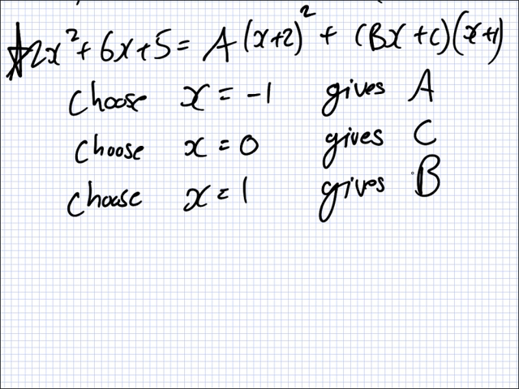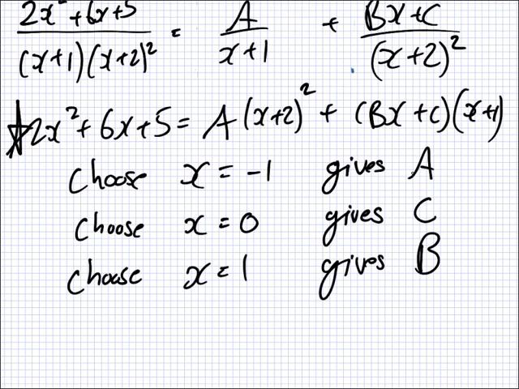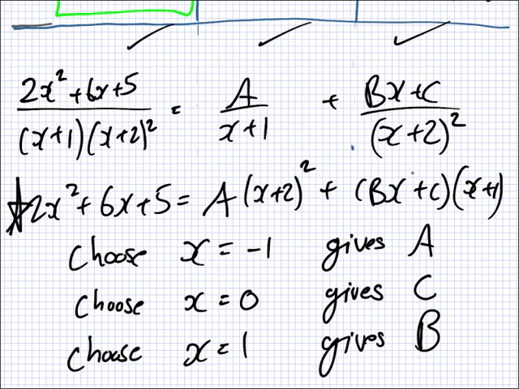It's kind of similar to the third method, the cover-up method, where you use the values of the variable. It's similar in the values you choose, isn't it? Would both work for this one? I'm not sure if the cover-up method works so well here because of the bx plus c.